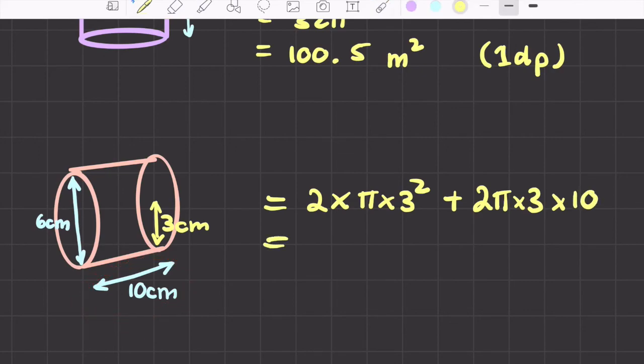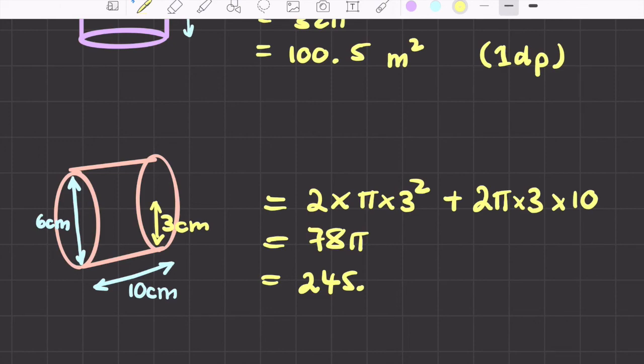Okay, pop that on my calculator. Okay, times by 3. Okay, I've got 78 pi, and if I wrote that as decimal, it would be 245 point.